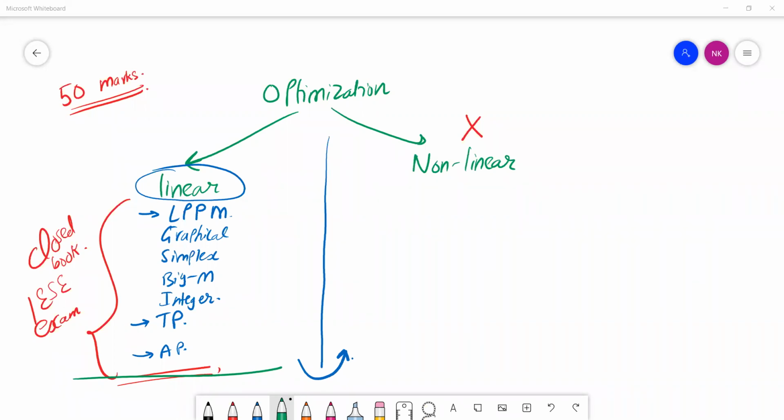One of the reasons I actually didn't mean to declare it, but since the question has been asked, whether for the nonlinear programming we would be having the ESE exam. One of the reasons to give the research paper is that real-time problems, real-life scenarios, are never linear. Remember this thing, the real-time scenarios are never linear. They are always dealing in a non-linear fashion.